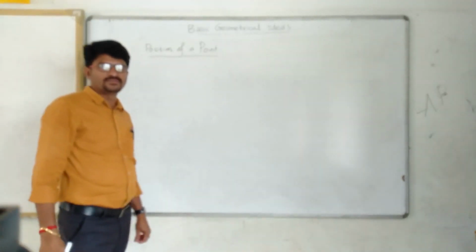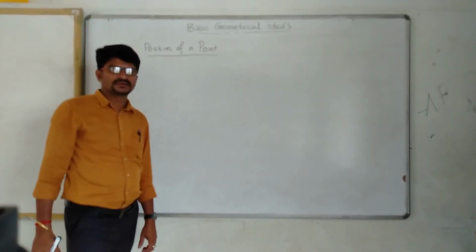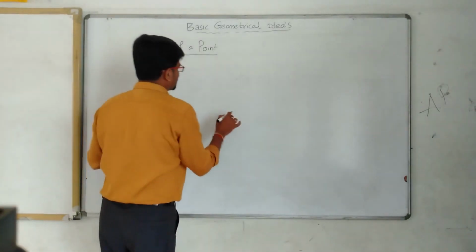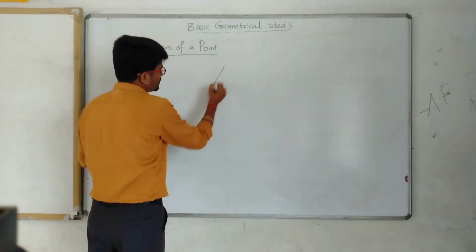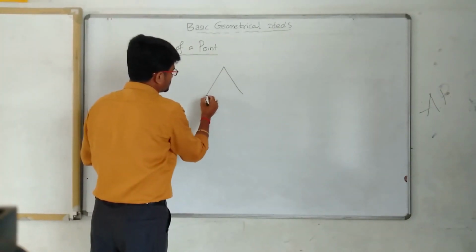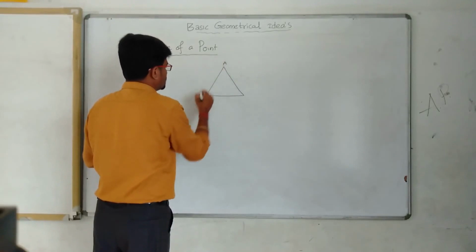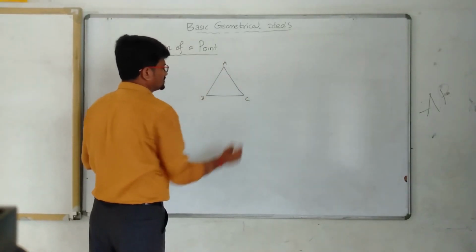Position of a point means, for example, this is the triangle ABC.